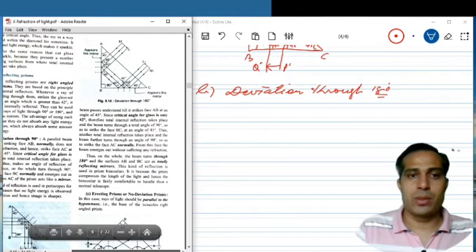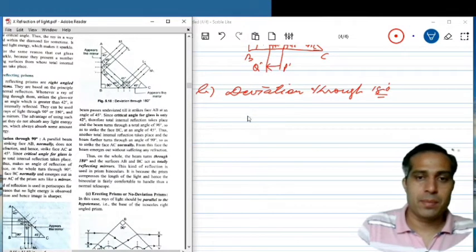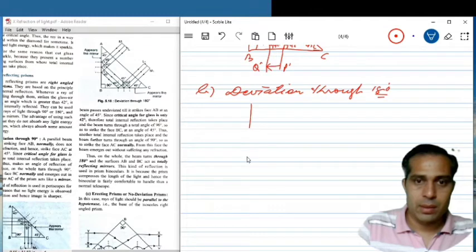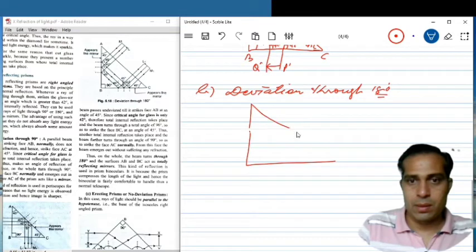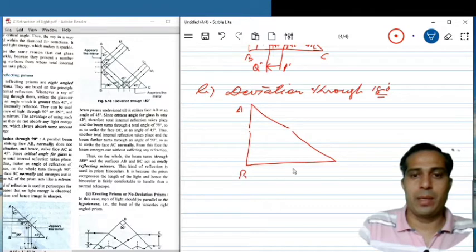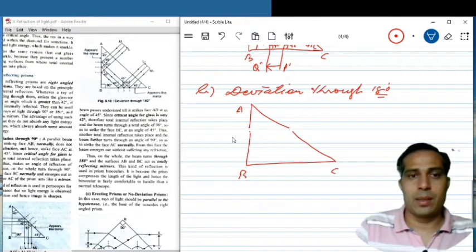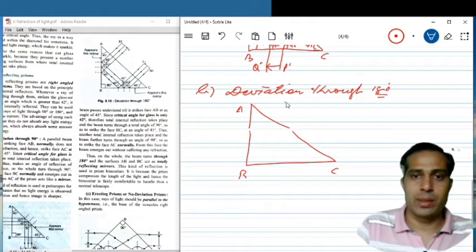So that you can follow this: if the ray of light is falling like this, this is again a prism ABC, and the ray of light enters at this surface at 90 degrees. So it will pass without any deviation. It will go like this.